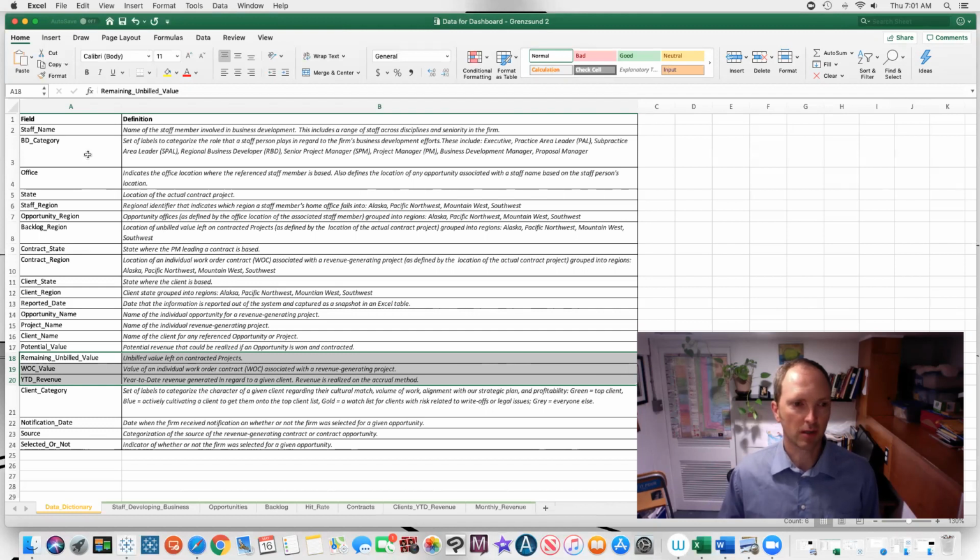But the challenge I ran into initially was around these three data points I was trying to get out of those two systems: remaining unbilled value, work order, contract value of each work order that comes in, and year-to-date revenue on a client basis. I was used to getting that data in the system I was using, but I had to get remote access and work with the CFO at the other legacy organization.